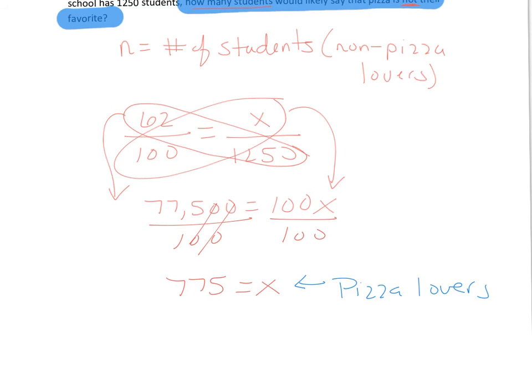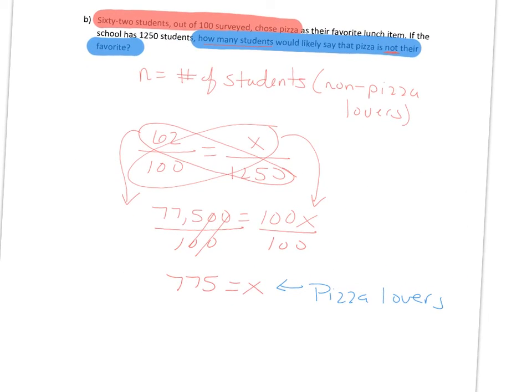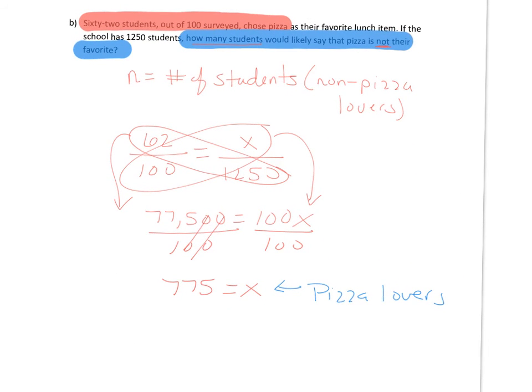Okay, but the question wasn't asking for people who like pizza. The question was actually asking up here for people who do not like pizza. So what do we think we do here? How do we come up with non-pizza lovers if we've got 775 pizza lovers? Hopefully, in your head, you might be thinking something about subtraction right now.